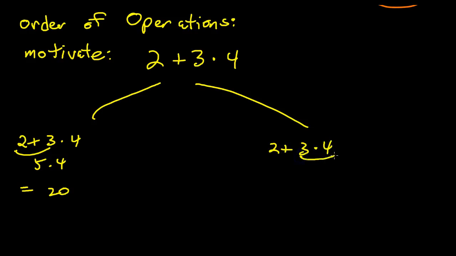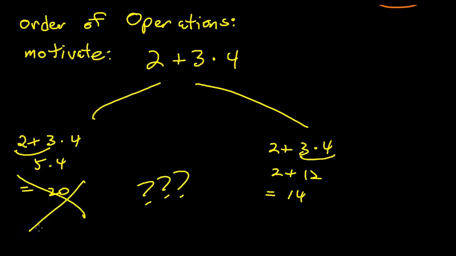Well, 3 times 4 is 12, and 2 plus 12 is 14. We get 2 different answers. Now, we've got to agree on some organized hierarchy of operations here so we get consistent results for each problem. I'm going to say this is the wrong choice, as you probably knew. In this scenario, we're going to agree to multiply first and then add last.